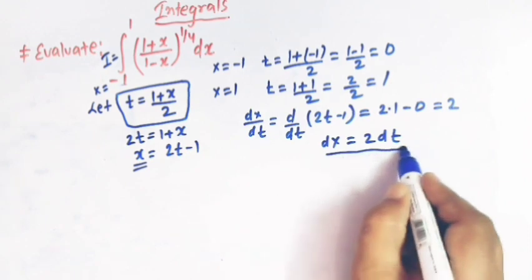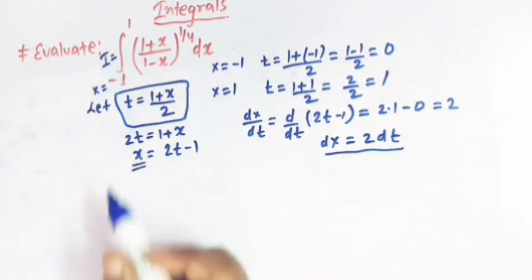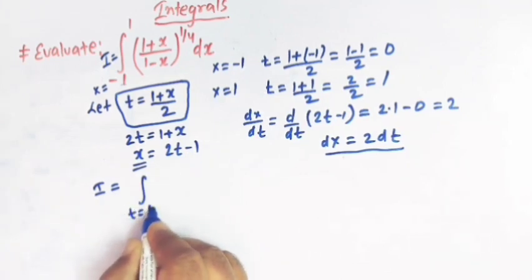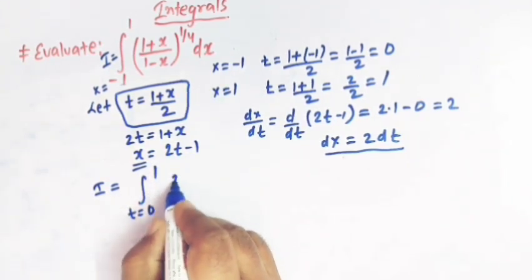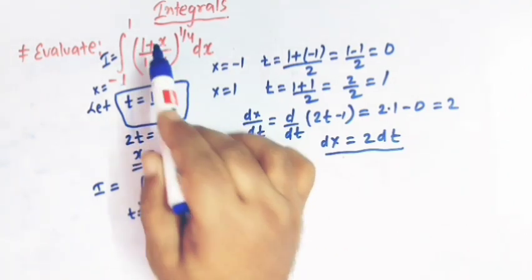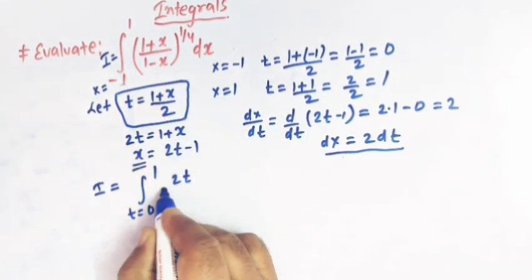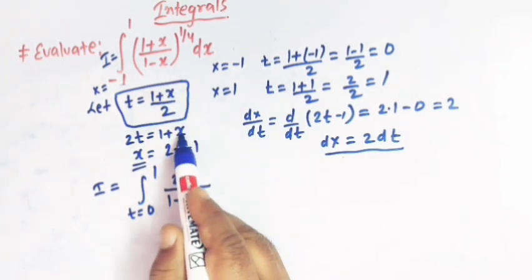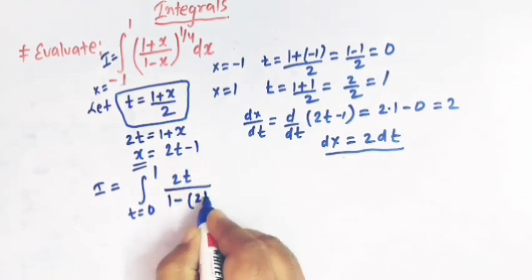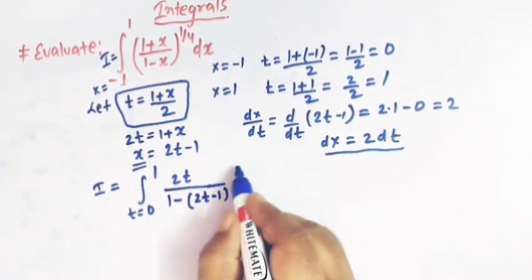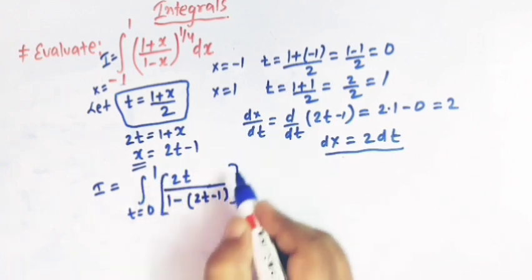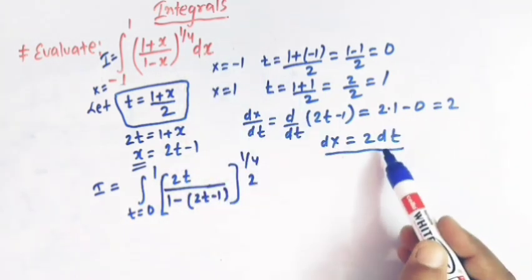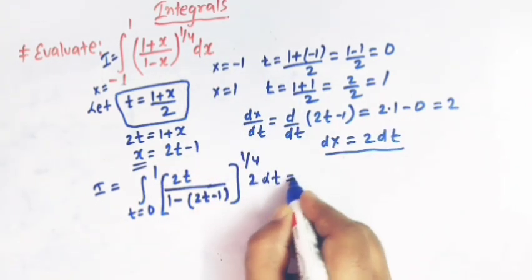Okay, so now we can rewrite this integral I as t from 0 to 1, and here we have 2t, because 1 plus x is equal to 2t, divided by 1 minus x, where x can be written as 2t minus 1, right? And here we have the power 1 over 4, and here we have dx is equal to 2 dt, right?